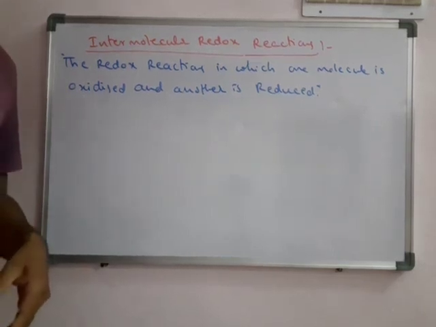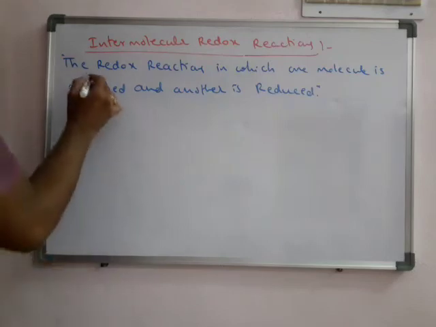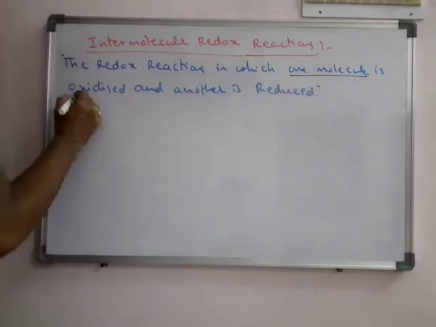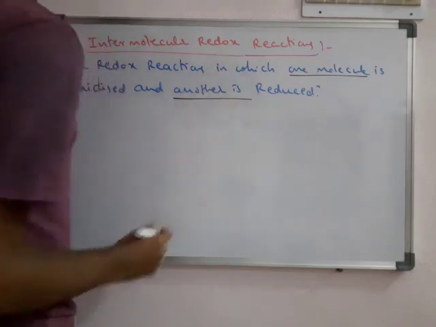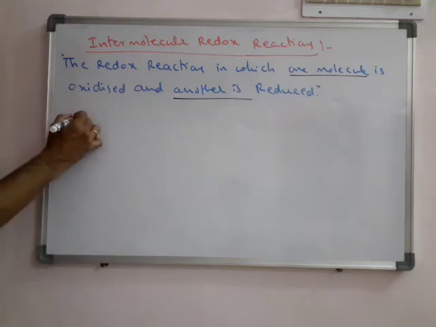Whether it is the same element or a different element in the compound is a different thing. The redox reactions in which one molecule is oxidized and another molecule is reduced, and a minimum of two reactants are needed.